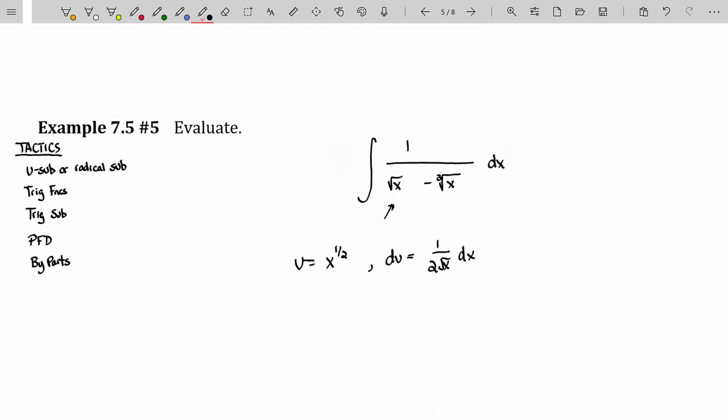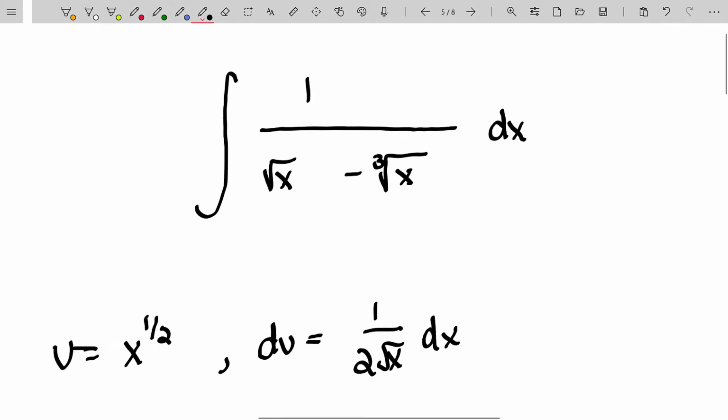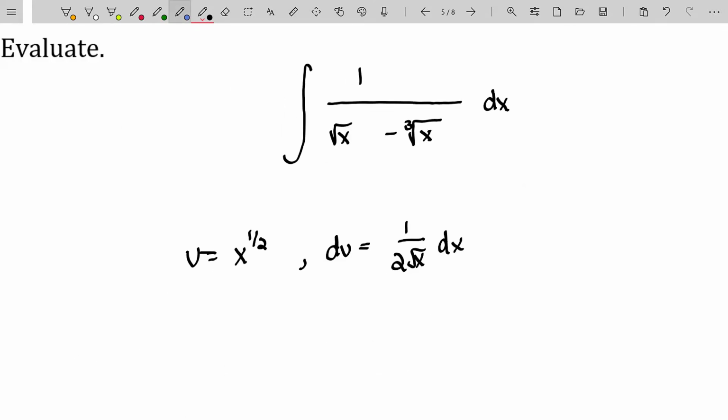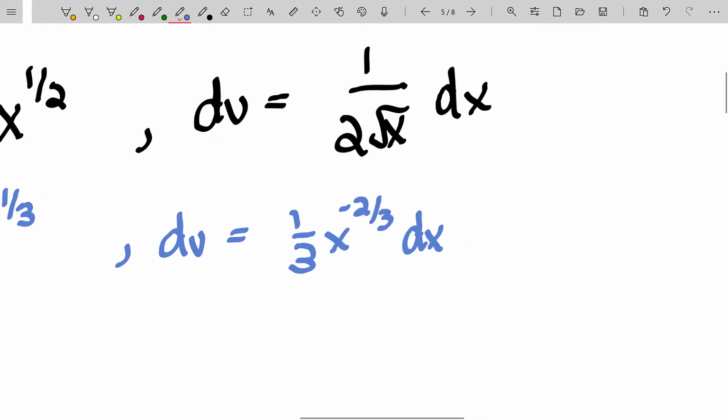The problem is writing that x to the 1/3 in terms of the square root of x. That's actually pretty difficult. So maybe you would choose a different tactic. What if I chose u to equal x to the 1/3? Well, we suffer from the same issue. Not that I can't rectify the situation that we have an x to the negative 2/3 there.